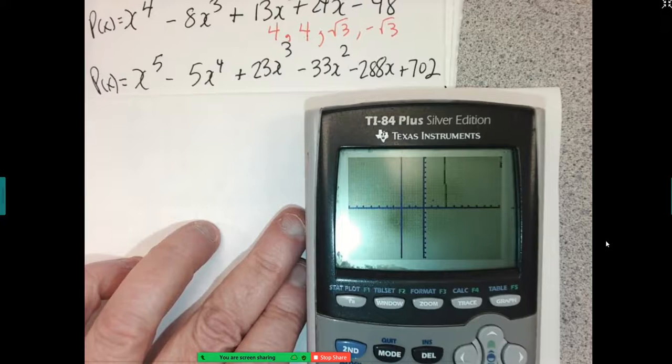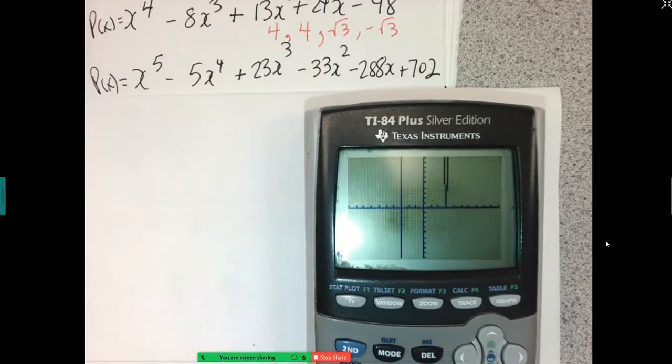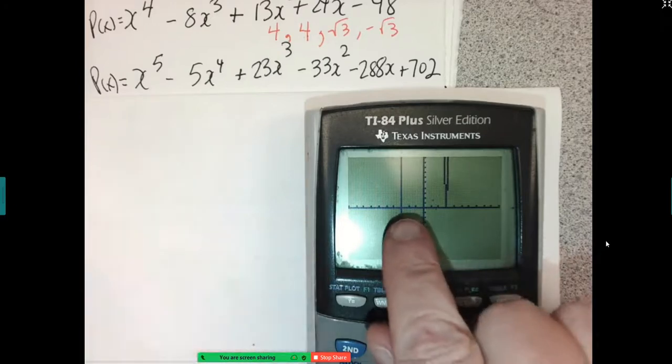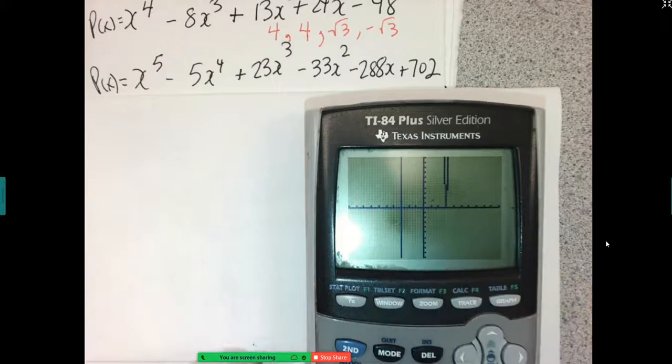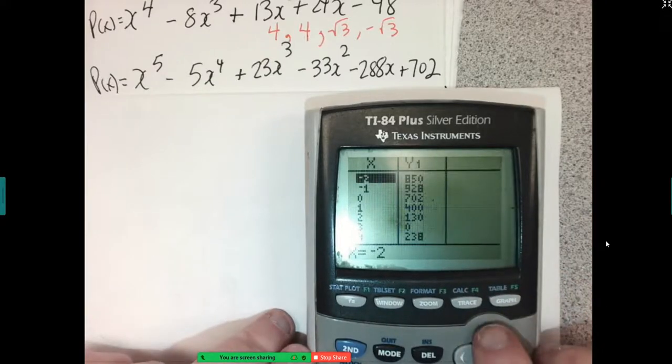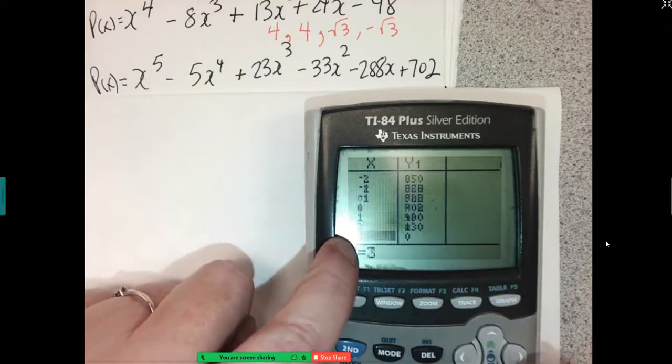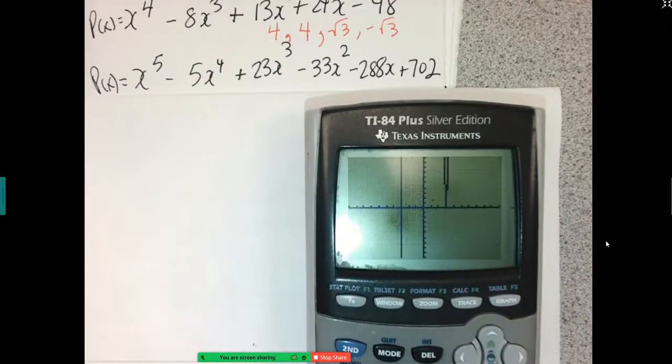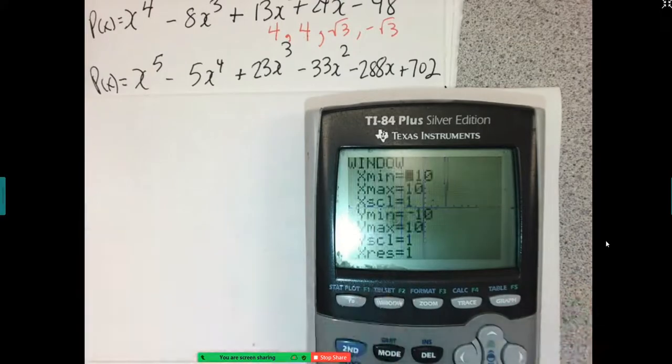Okay, I've got one at -3. It looks like I have a 0 at -3. I should be able to see that. I do. And I also have one at 3, and I do.